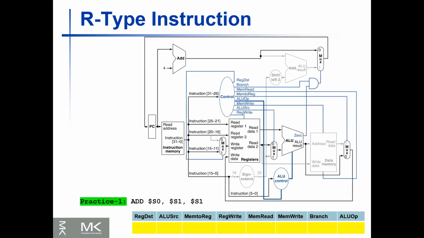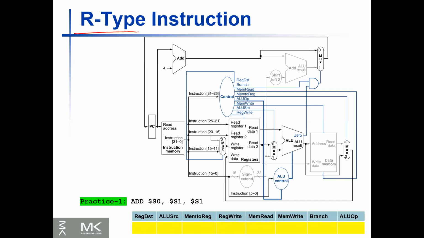Okay, girls, see now. It is very important. Please, I need your attention here. This type of question has been asked earlier in the exam as well. I need your presence here. So here is a practice question for you. This is an R type instruction, girls. You can see it is R type. Here the instruction is already given to you.